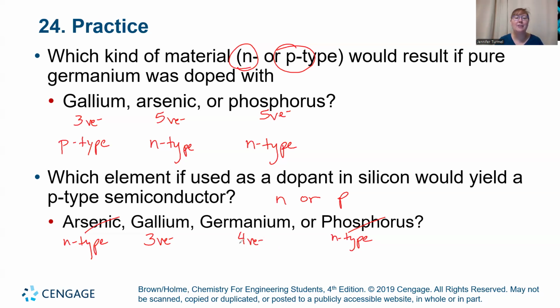So that makes germanium with 4 valence electrons its own semiconductor, or metalloid. So this is not going to dope. But gallium at 3 valence electrons is going to make a p-type conductor. And that's how you figure those out, not too difficult.